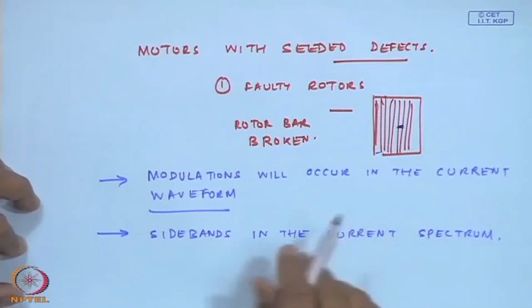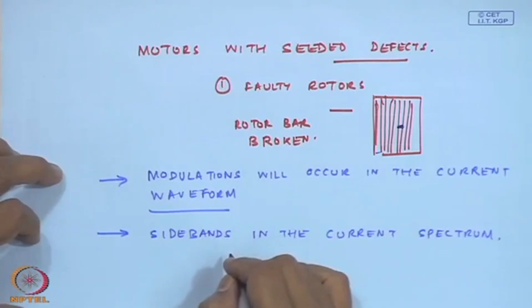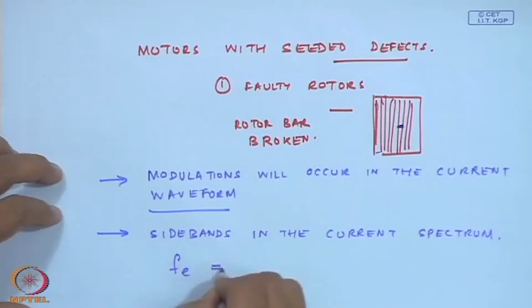Okay. So, once we see sidebands around the supply frequency, typically supply frequency is Fe.